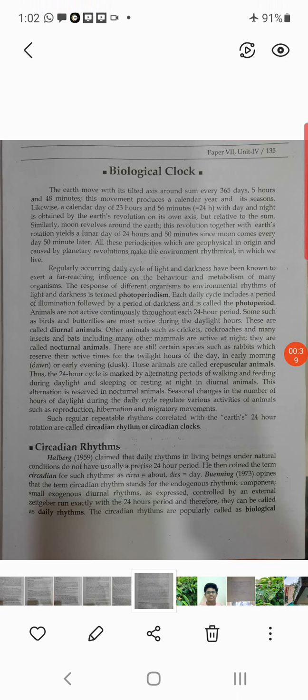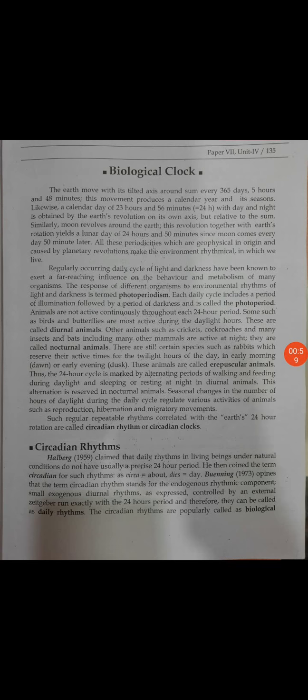Likewise, a calendar day of 23 hours 56 minutes, that is 24 hours, with a day and night is obtained by the Earth's revolution on its own axis, but relative to Sun. Similarly, Moon revolves around the Earth, and this revolution together with Earth's rotation yields a lunar day of 24 hours and 50 minutes, since Moon comes every day 50 minutes later.